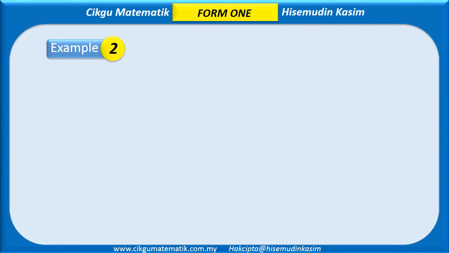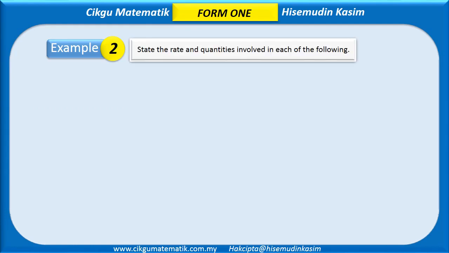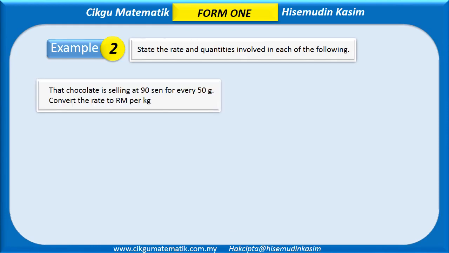Example 2. State the rates and quantities involved in each of the following. The chocolate is selling at 90 cents for every 50 g.